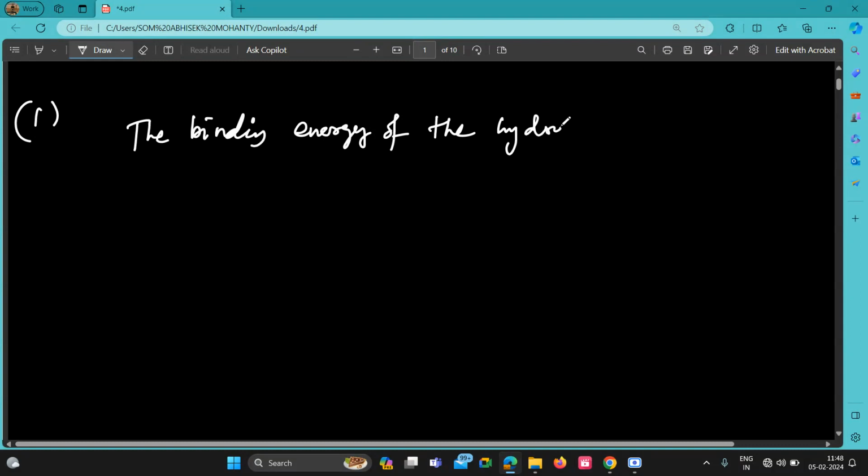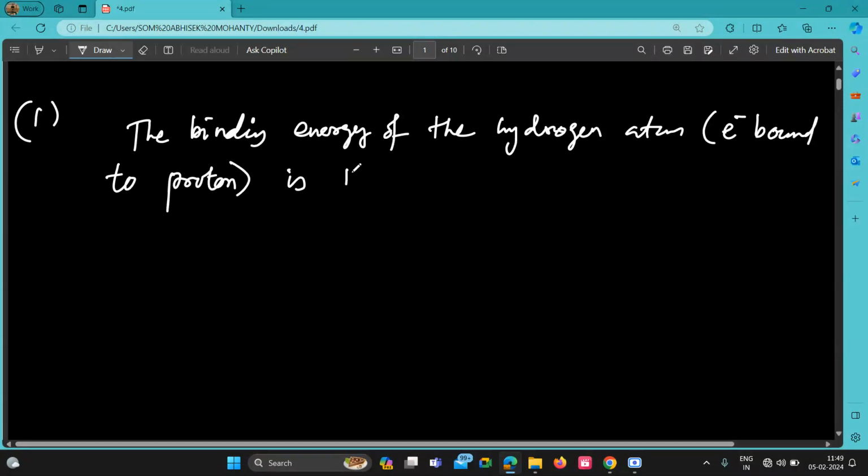Let's start. Question number one is from JEST 2012. The binding energy of the hydrogen atom, which is an electron bound to a proton, is 13.6 electron volt.